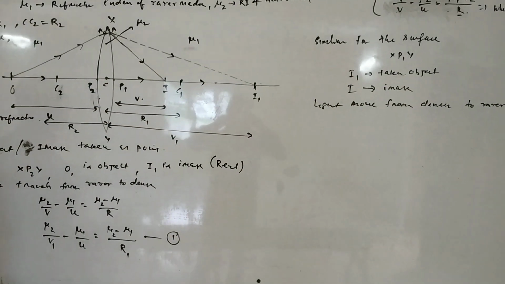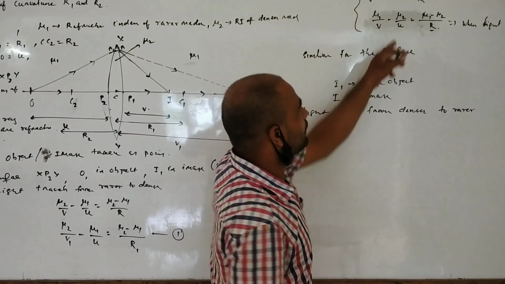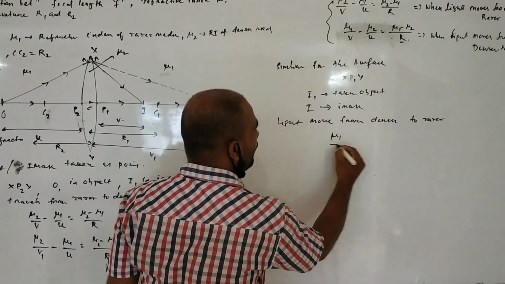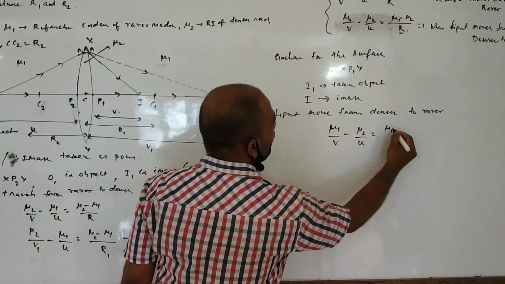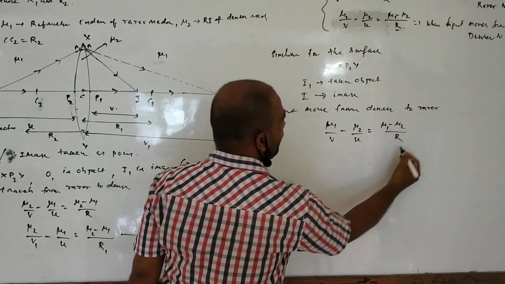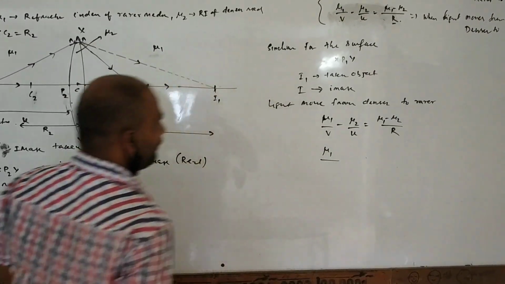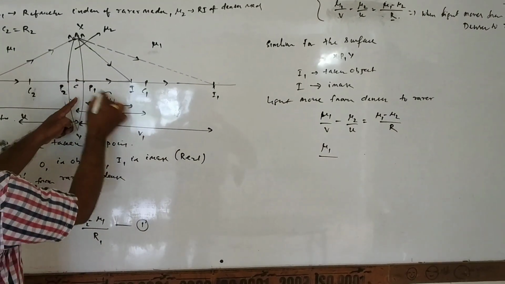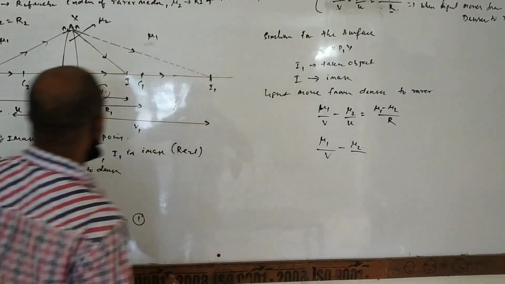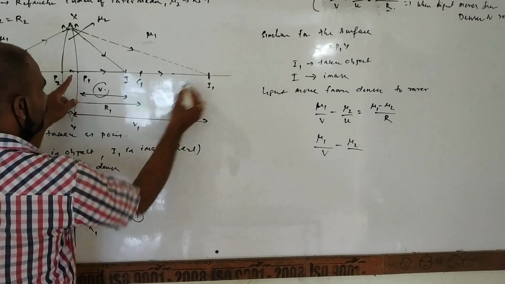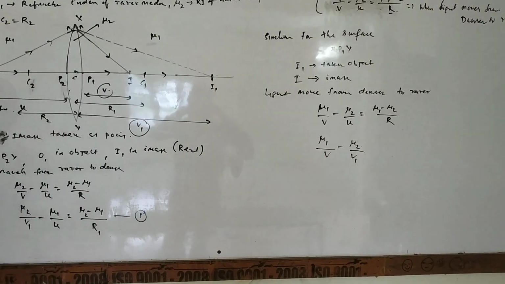Since light moves from denser to rarer, the formula will be mu1 by v minus mu2 by u equals mu1 minus mu2 by r. Here v is the final image, and u is v1, so we get mu2 by v1.